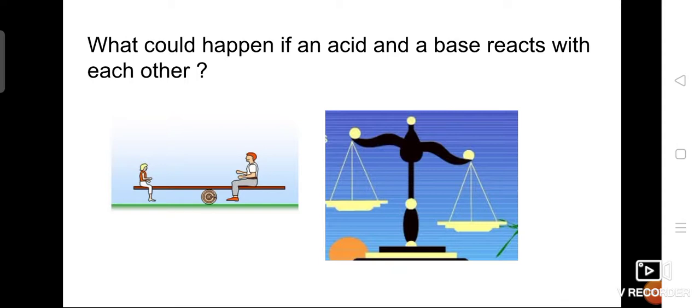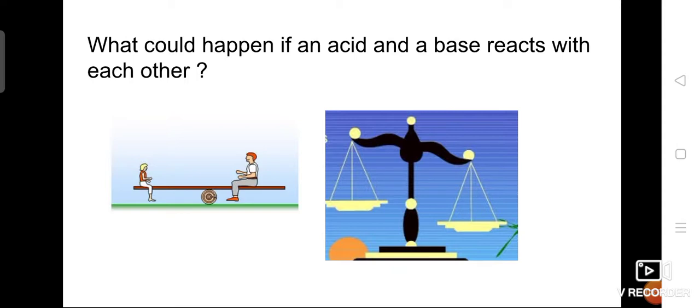Before getting into the example, I want to clear this picture also. Here a balance is there. What do you mean by balancing? Two objects will be needed, and they should be at the same level.